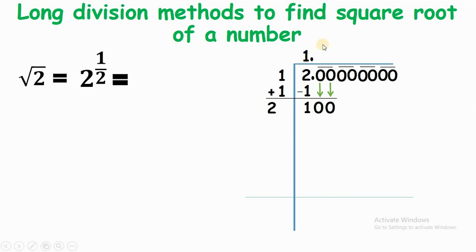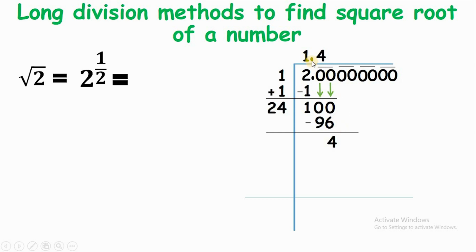So 25 into 5 is 125, and 125 is more than 100. Therefore we'll take 4. If you take 4 here, then you have to write a 4 here. Therefore 24 into 4. We are multiplying this whole 24 into 4, not with the 14. It should be multiplied with the 4 only. So 24 into 4 is 96. And then you subtract it, you'll get remainder 4.